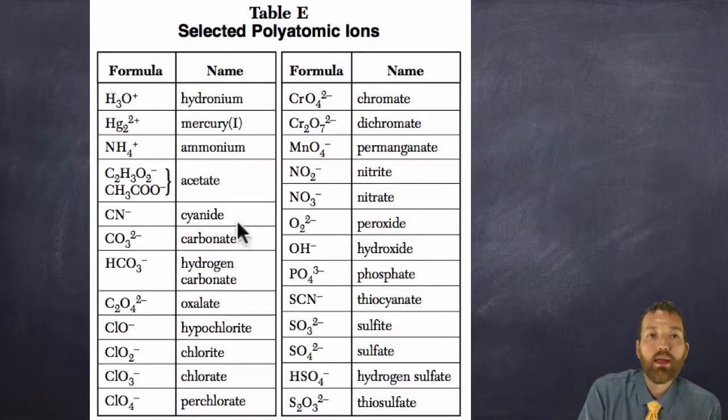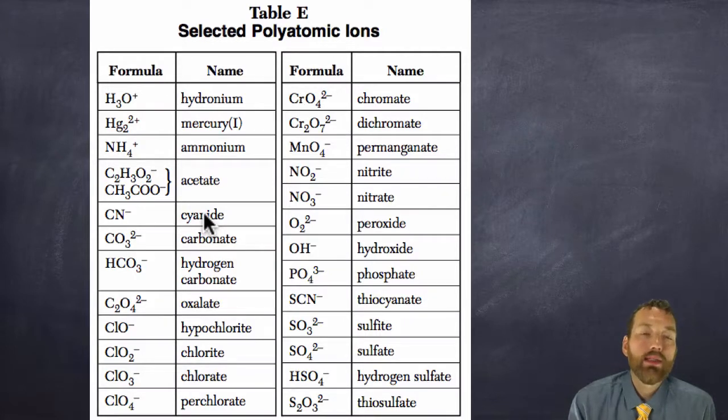So like if you had cyanide, there's no element cyan. You might get confused with carbon, but this is not an ion of carbon. Carbon doesn't form ions. So again, you just need to learn to recognize this, and this is going to come with practice, but you need to be very ready to use table E. You're going to use it a lot in this chapter and other chapters that come.